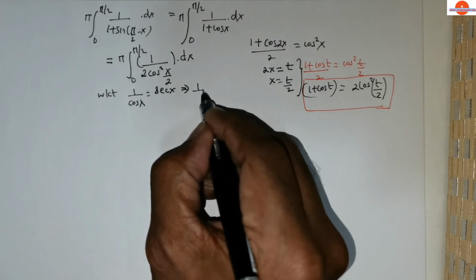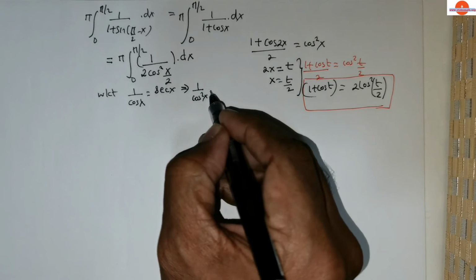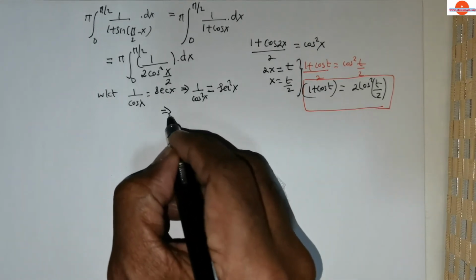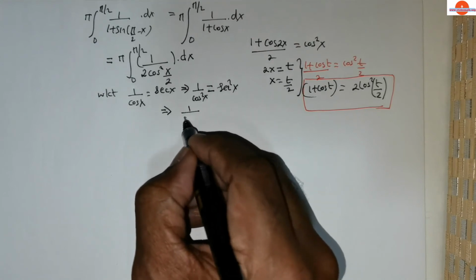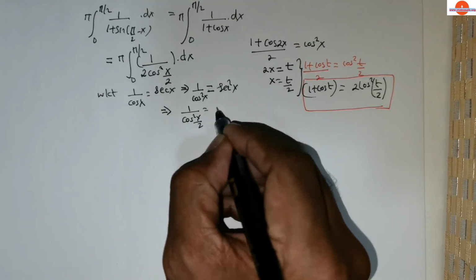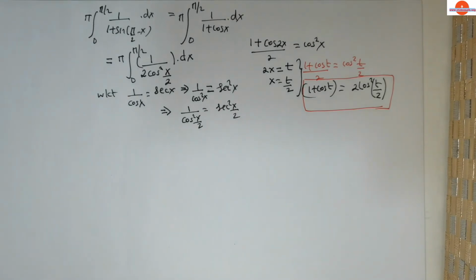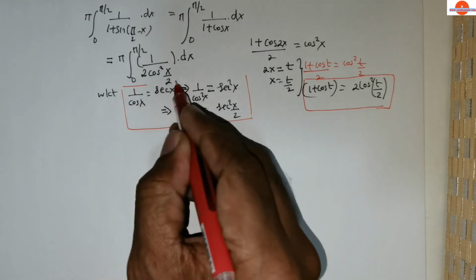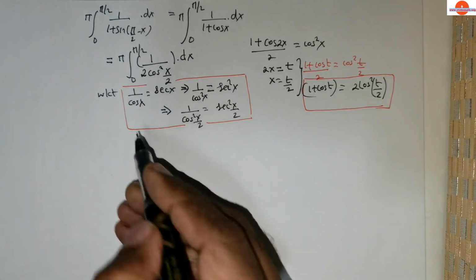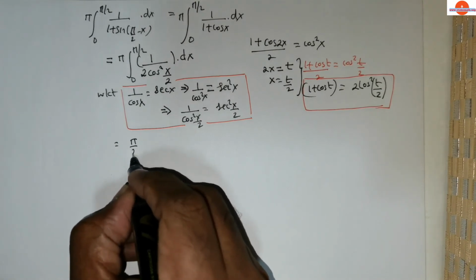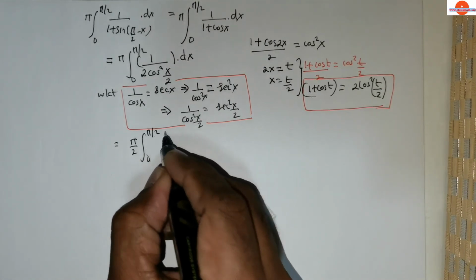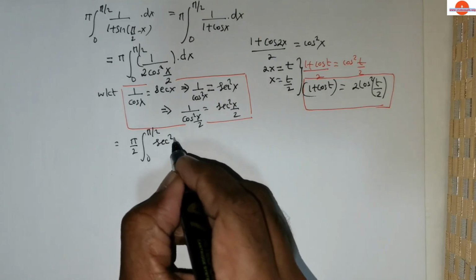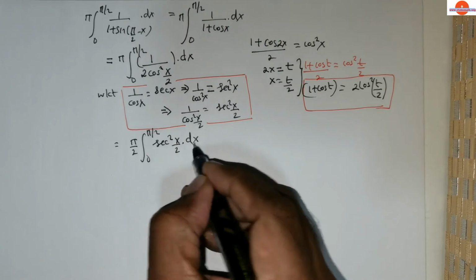So this implies 1 divided by cos squared x is equal to secant squared x. This also implies that 1 over cos squared of x over 2 is equal to secant squared of x over 2. So I would be using all of this here. So this is rewritten as pi over 2 times the integral from 0 to pi over 2 of 1 over cos squared of x over 2, which is secant squared of x over 2, times dx.